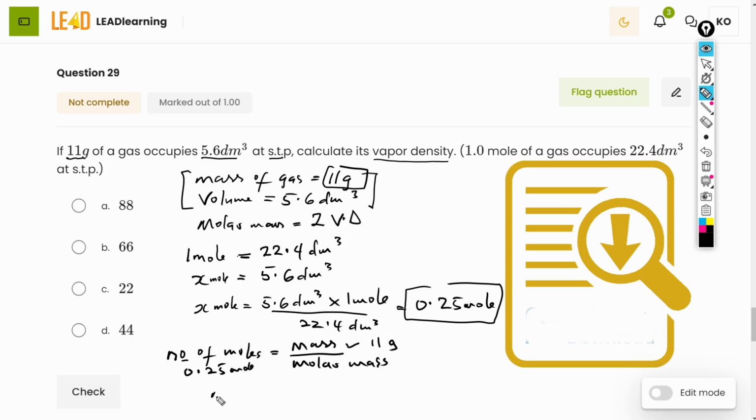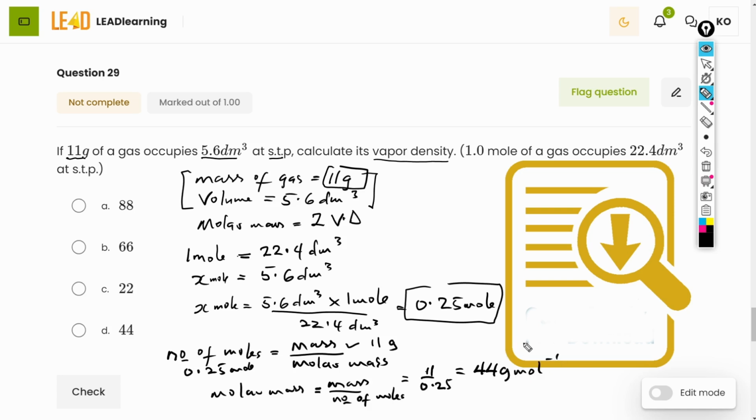So if we make molar mass the subject of the formula, molar mass is equal to mass over number of moles. If we plug in the values, that gives us 11 divided by 0.25, which is equal to 44. And because it's molar mass, 44 gram per mole.